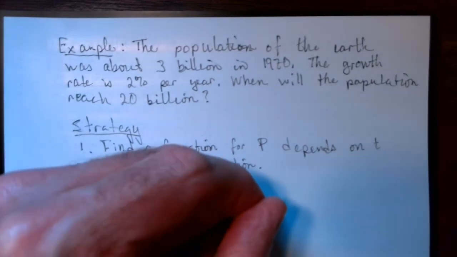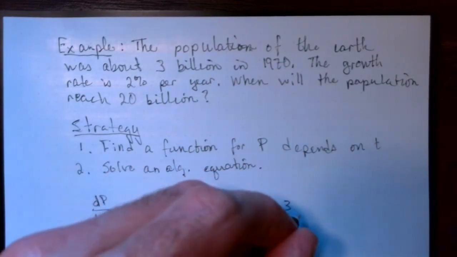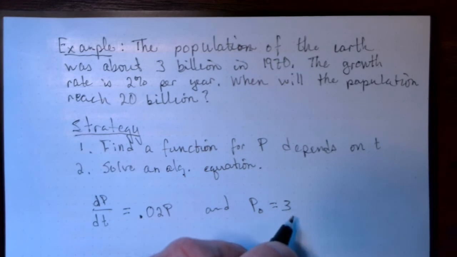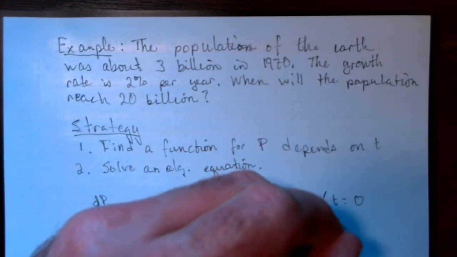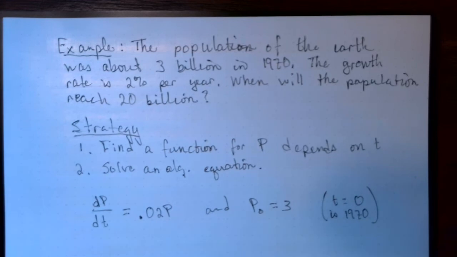And also, the initial population equals 3, and of course we're measuring in billions. That 3 stands for 3 billion. And of course I'm setting t equals 0 to 1970. That kind of fits the situation that we have right there.